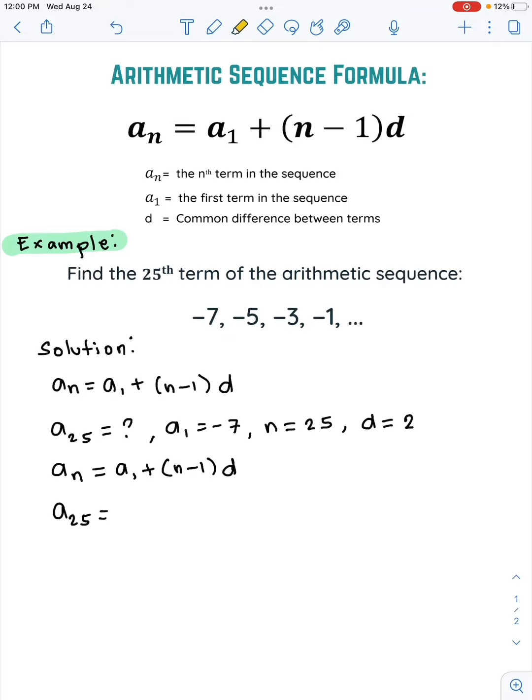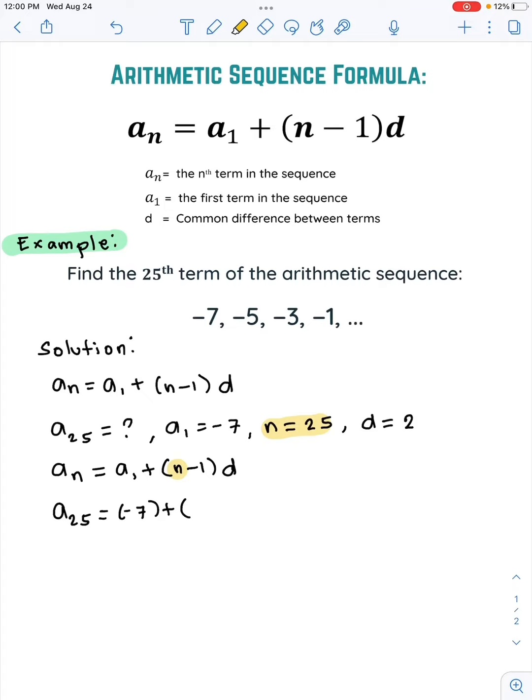Now, ano yung value ng A of 1 natin? Yung value ng A of 1 natin ay negative 7. So, ibig sabihin, itong A of 1, papalitan lang natin yan ng negative 7. Okay? So, it will become negative 7 plus, open parenthesis, ano yung value ng n natin? Ang value ng letter n natin is equal to 25.